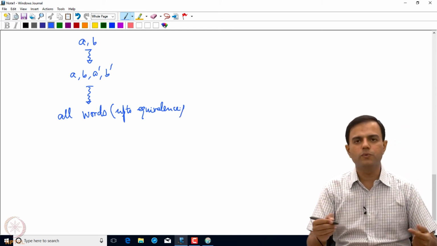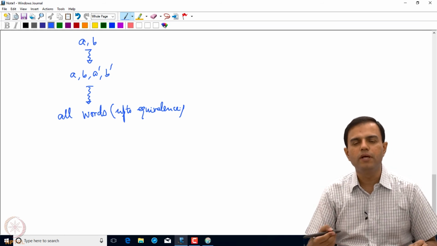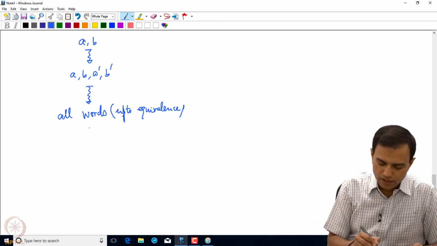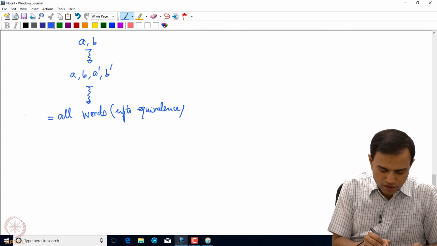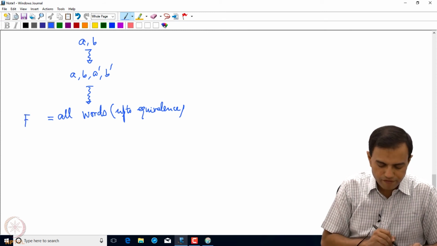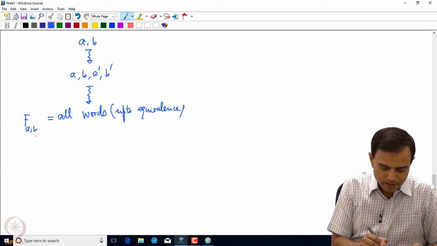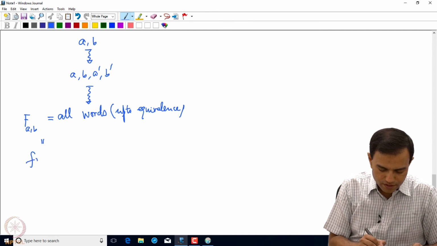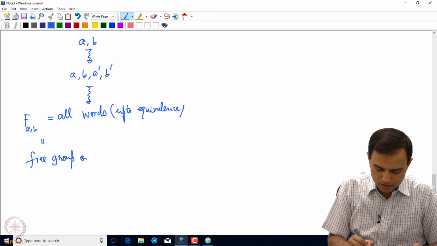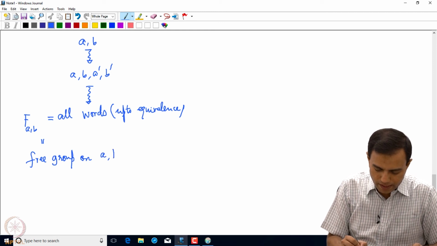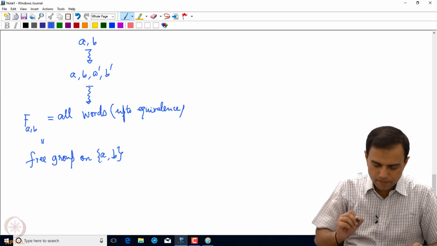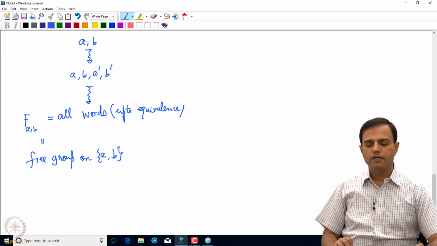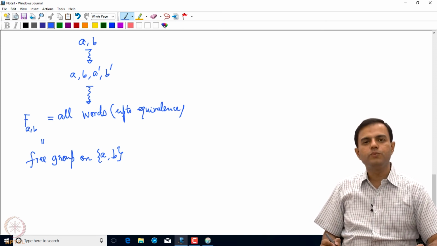There were two words which are equivalent, I am going to treat them same. So this collection is called F or F(A,B), which is the free group on A, B. How big is this group? It's huge. It's infinite group. It's really huge.